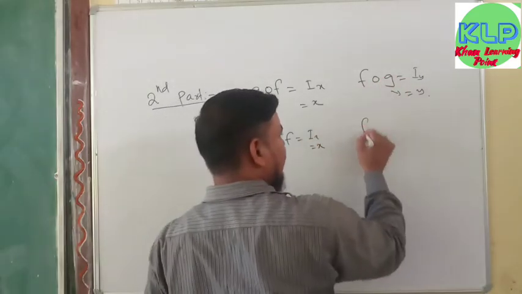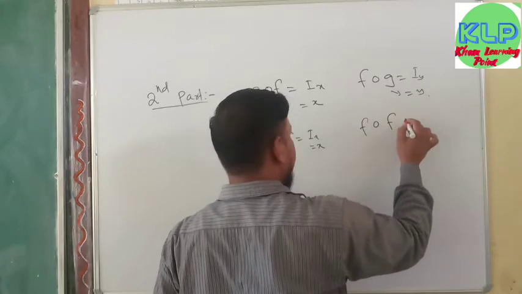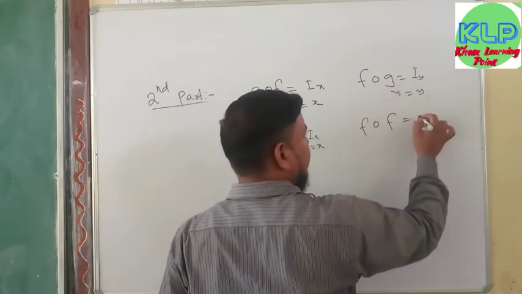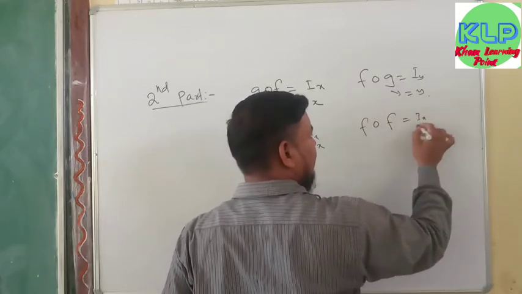Here, g by f, so it is again the identity element I_X, and here also x.